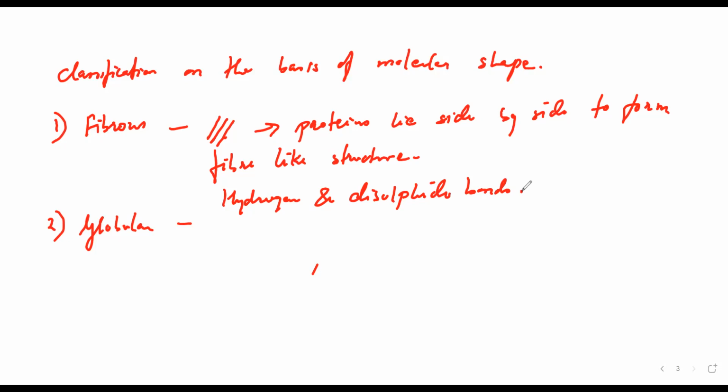These fibrous proteins are present in hair, skin, and nails, and generally these proteins are insoluble in water.